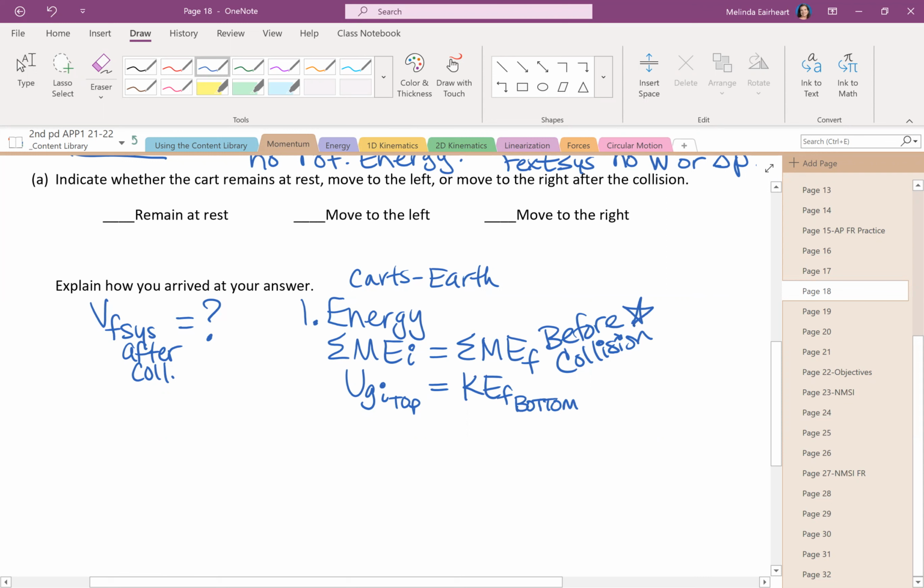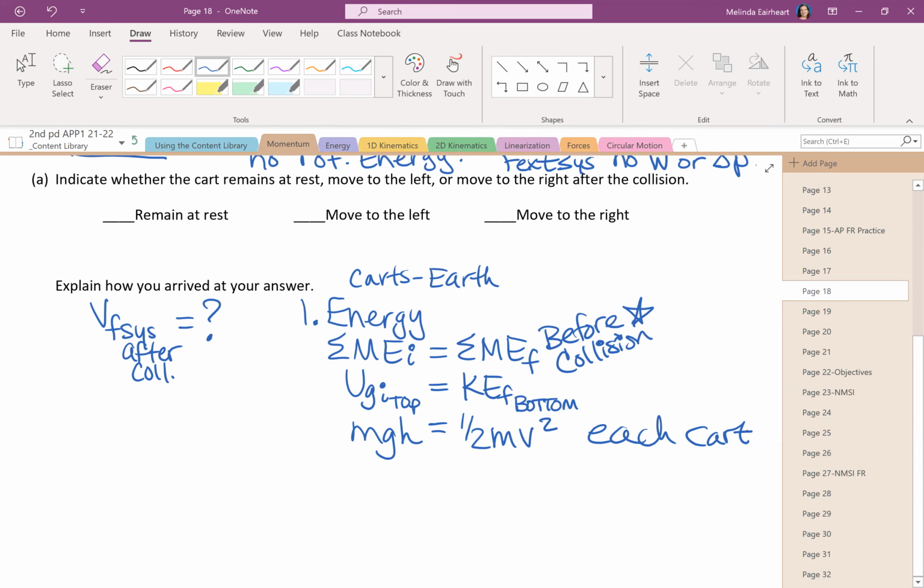And now we can plug in the equations for each. Potential energy is mgh. Kinetic energy is 1/2 mv squared. Now this is for each cart. This is a generic statement that you can apply to each cart. So if I'm looking at one cart at a time, what do you notice?